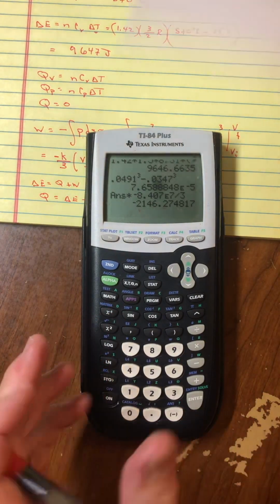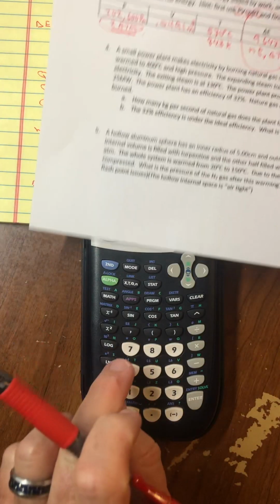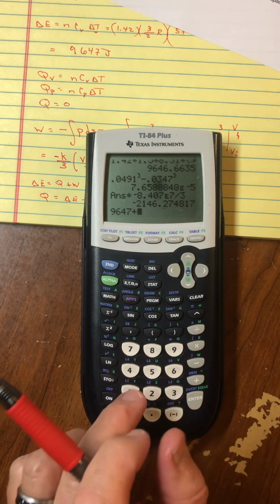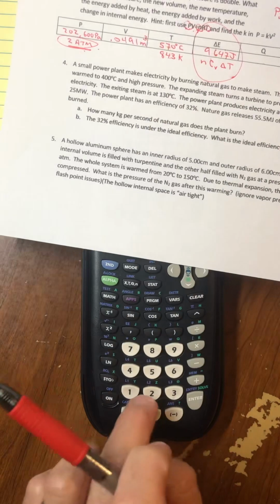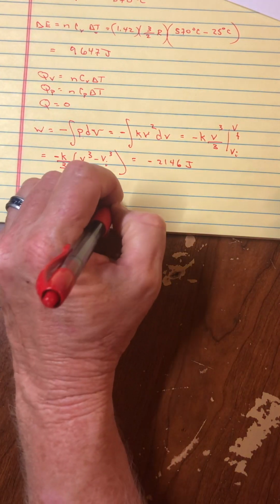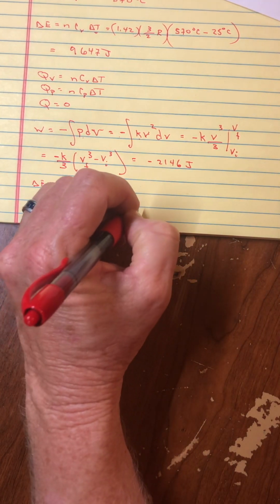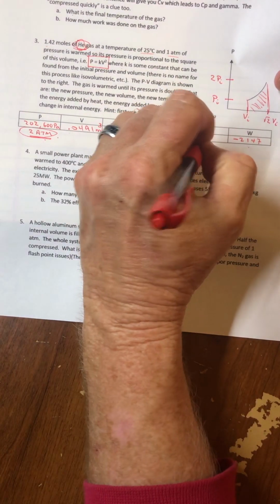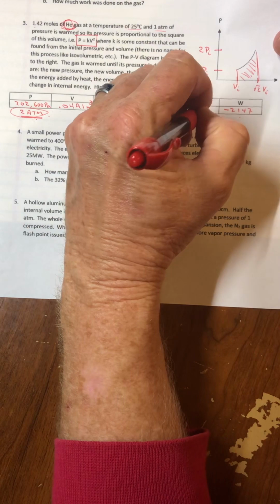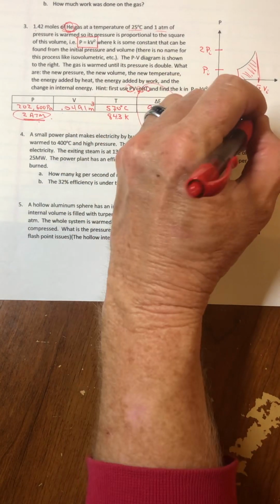All right, so coming back here, I can put the 9647 and then minus a negative, so I'll just do plus 2147, which means that the heat that was pumped into this is 11,794 joules.